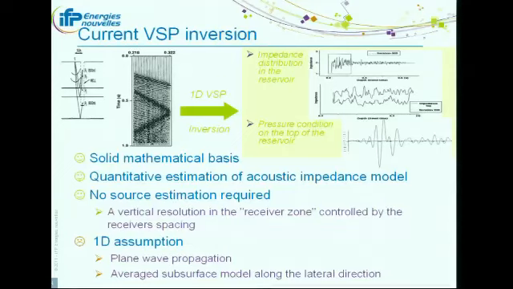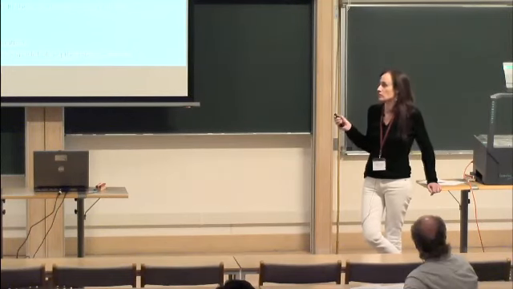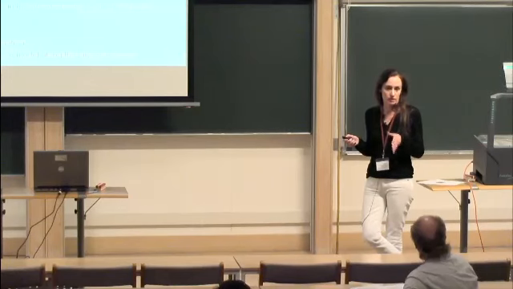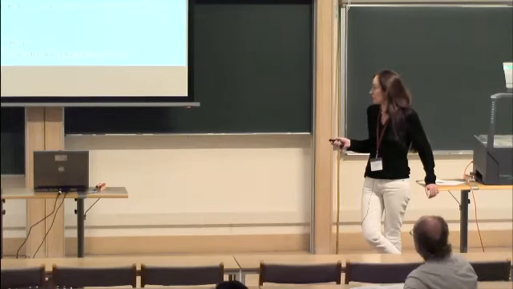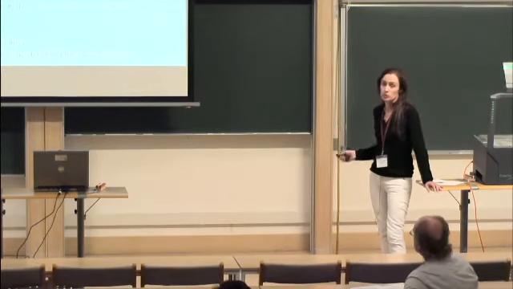And this is really a good point, because in media with a high amount of heterogeneity, our inverse problem may be very sensitive to an error in the source excitation, which is in practice too poorly known. So the drawback of this approach is that it relies on a 1D assumption.